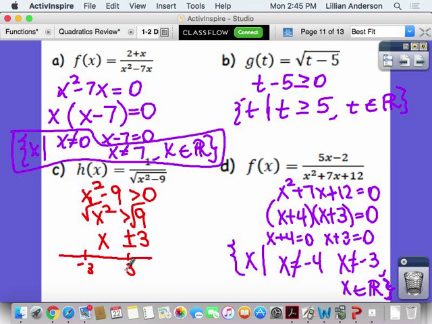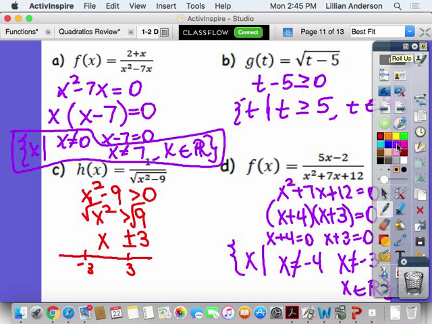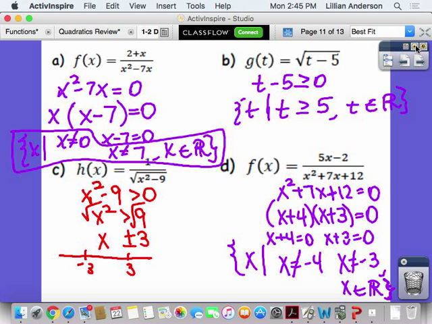Now, our domain is going to be somewhere in these 3 regions. What we have to do is figure out which of these 3 regions it is. What's the number that lies between -3 and 3? 0.